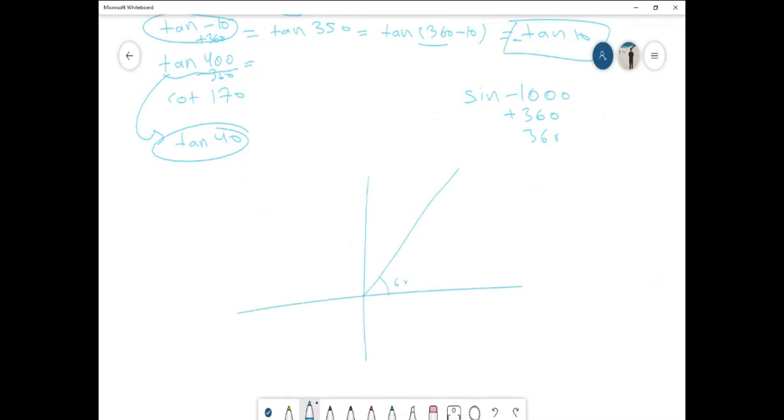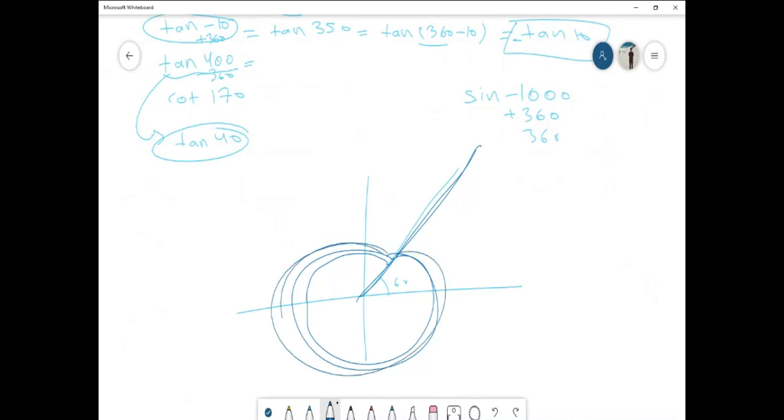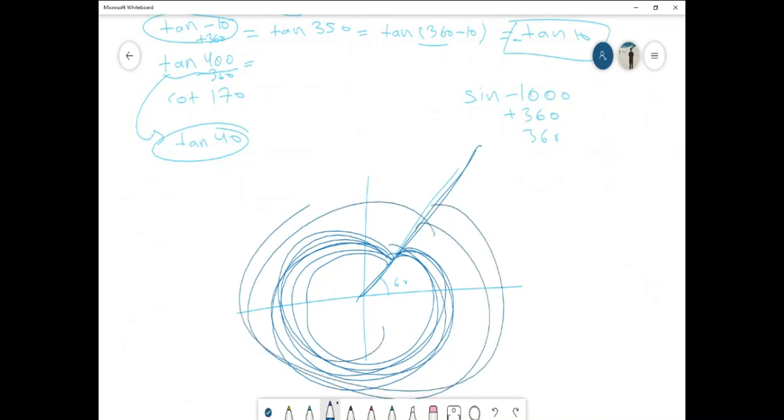Let me give you an example. Why 360? Why not 100? Why not 90? Let's say we have an angle here, this angle, okay? This is 60 degrees. If I add 360, it will come back here again.